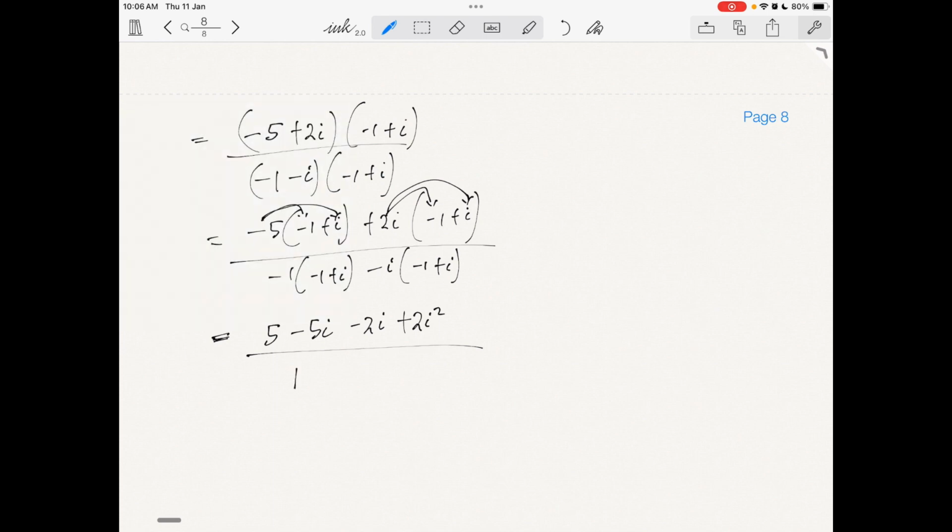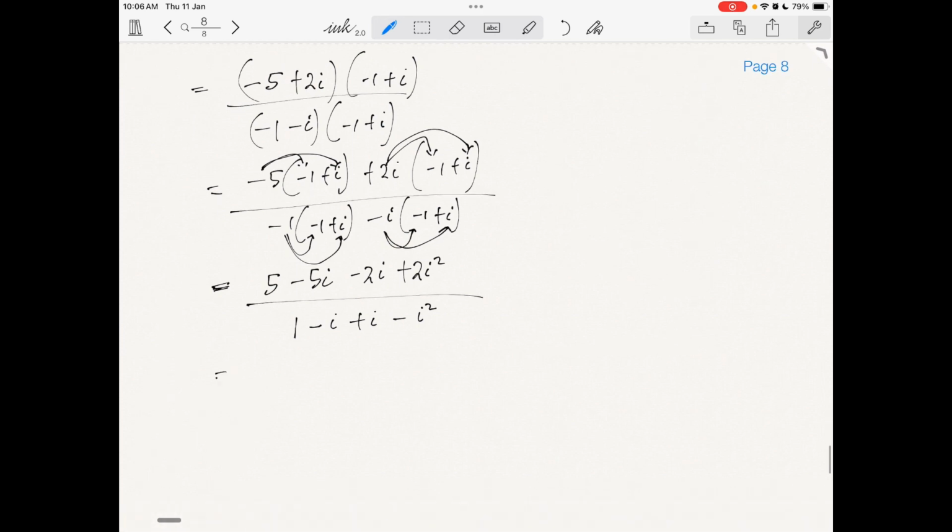So this will give us 1. Minus 1 times minus 1 will give us 1. Minus 1 times i will give us minus i. Minus i times minus 1 will give us plus i, and minus i times i gives us minus i squared.